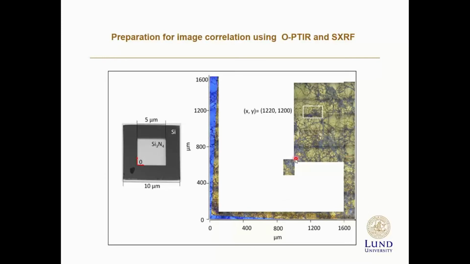Now in our setup, we use two different microscopes, and it was important to be able to find the same neurons. To achieve that purpose, we marked one corner on the silicon window, and then scanned the silicon window with the microscope, and we selected the neurons that we are going to use for the X-ray fluorescence and optical infrared.